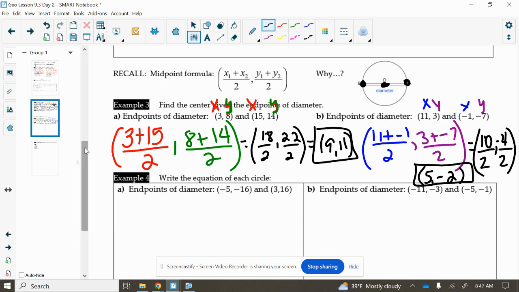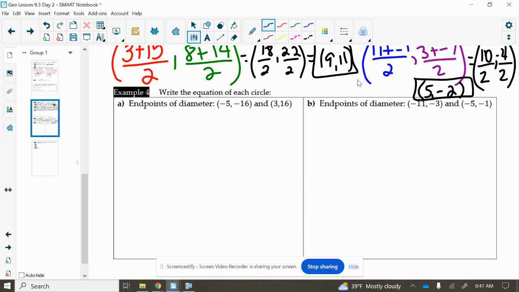Now, this process is important because we need that center point in order to write the equation of our circle. So in example 4, if we look at the endpoints of the diameter, again, we need to start off by finding our center point. Okay, so our center, again, is going to come from taking our x and our y values, adding them up, and dividing by 2. So -5 plus 3 divided by 2.